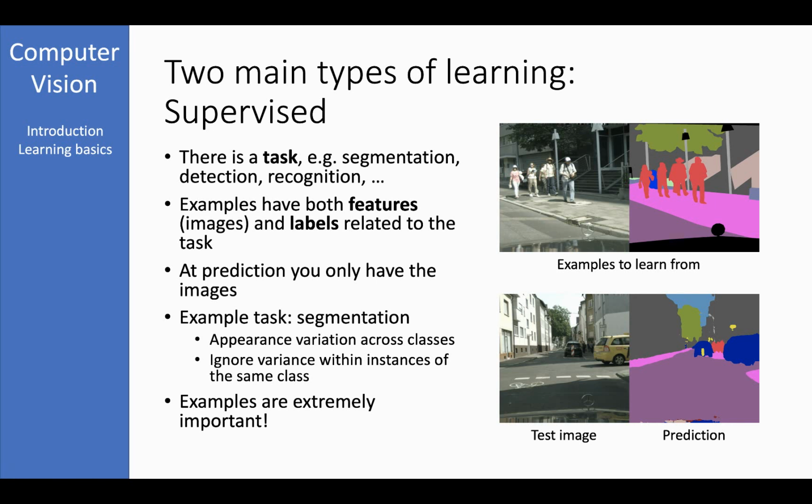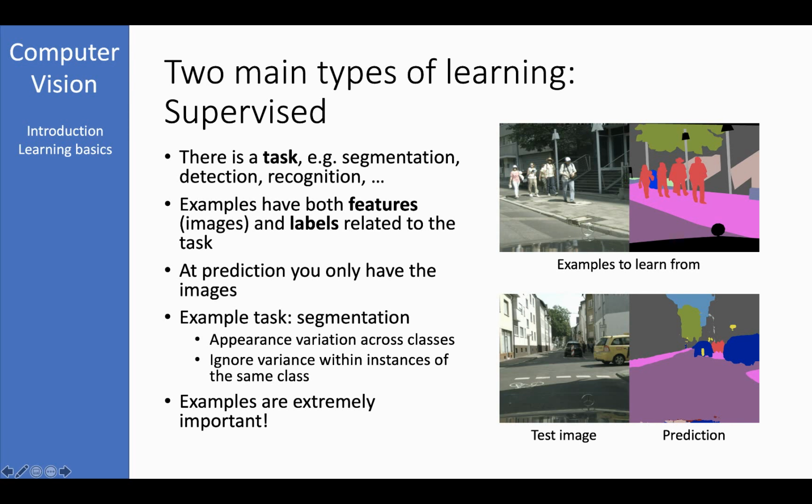Now, looking at the example task, again, there's quite a large appearance variation within classes, and the algorithm is supposed to leverage the differences between classes and ignore the variance within the classes in the same task. For example, in this image here, we see that there are two cars that are quite different visually. But the goal of the algorithm is to recognize that they're both cars, so identify similar patterns in these, and assign the car label to each of them.